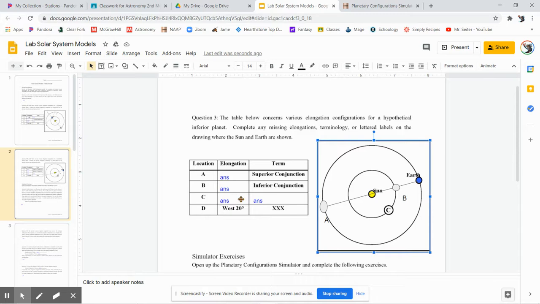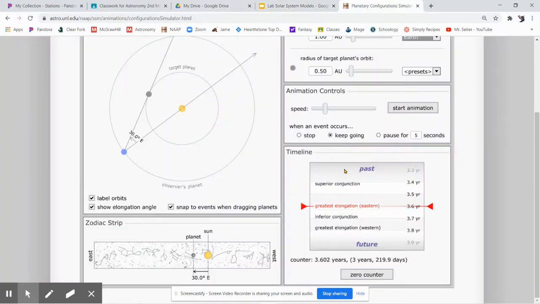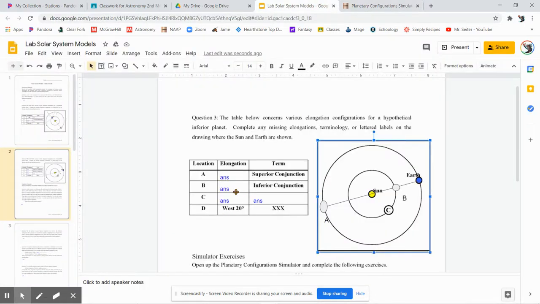Elongation is greatest elongation east. You can just put GE east. That'll work because that box is pretty small. And then, right here, greatest elongation. And then our degrees was 30. I'm sorry. 30 degrees, greatest elongation.